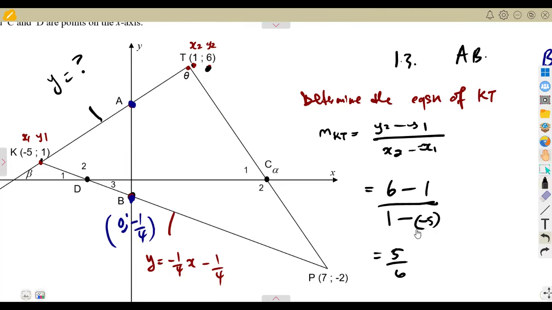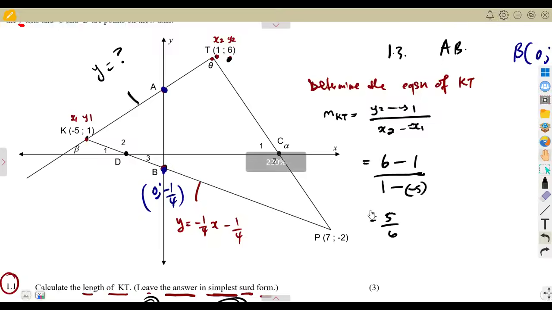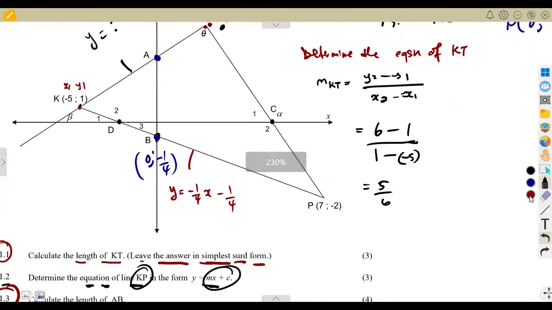So with the gradient, we now need the equation. Remember, we consider y is equal to mx plus c, where m is the gradient, 5 over 6, so y is equal to 5 over 6 x plus c, where c is the y-intercept.